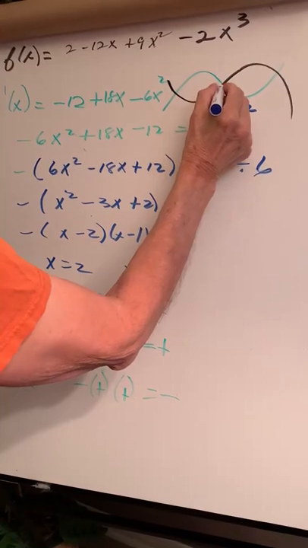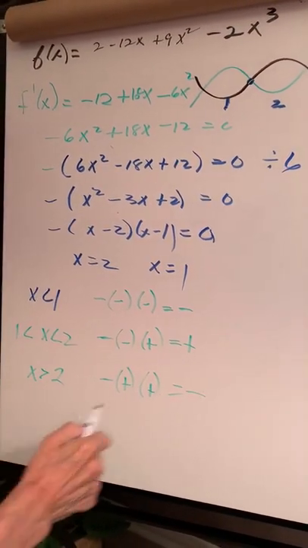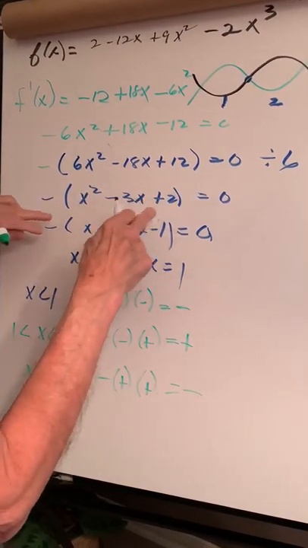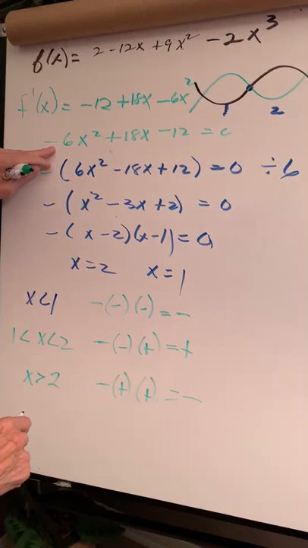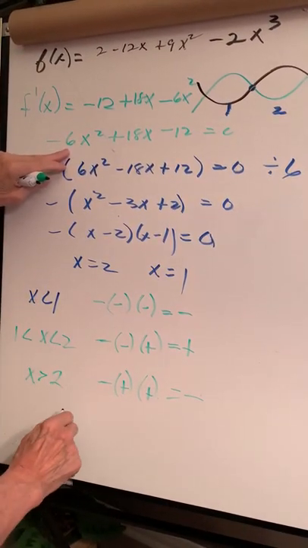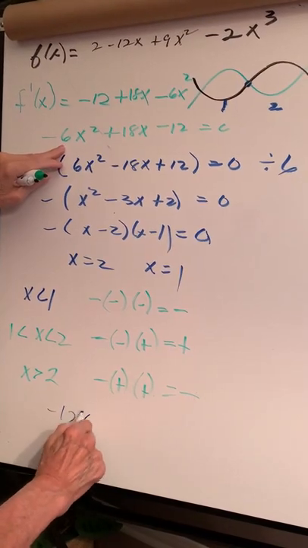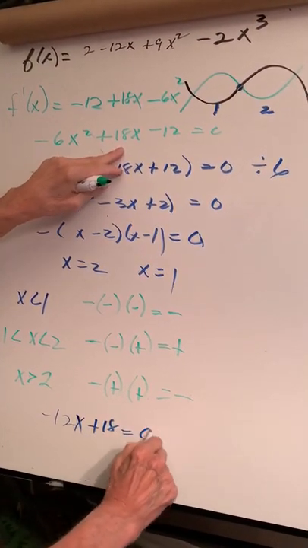If we want to find the inflection point, we have to take the derivative of this over here. This is going to become minus 12x, and this is going to become plus 18. Set it equal to 0.